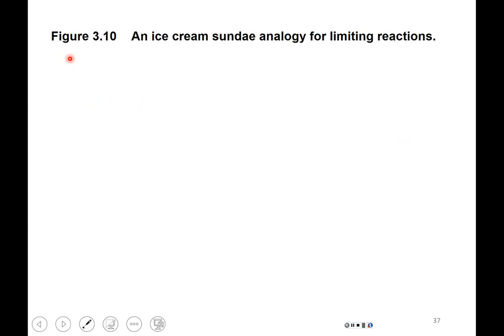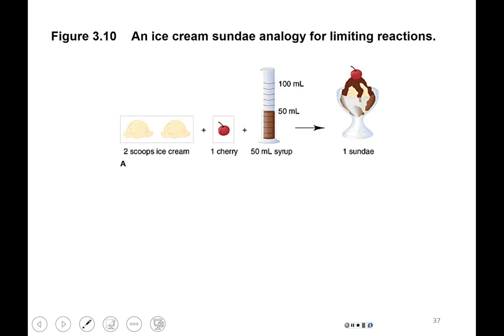Right. So I think that the book does a good job, and it shows this concept in terms of a sundae. And I think this is a good place to start to understand limiting reactants. Right? So if you define a sundae as 2 scoops of ice cream, 1 cherry, and 50 milliliters of chocolate syrup.